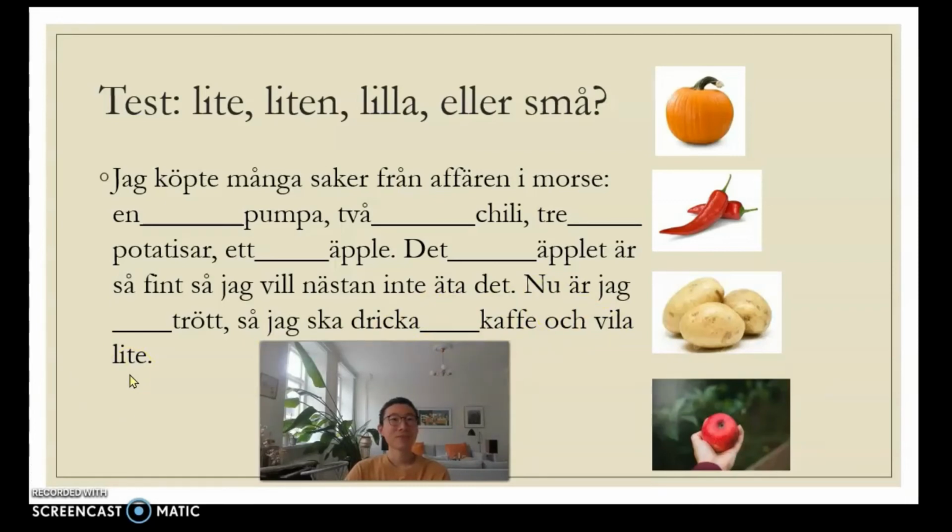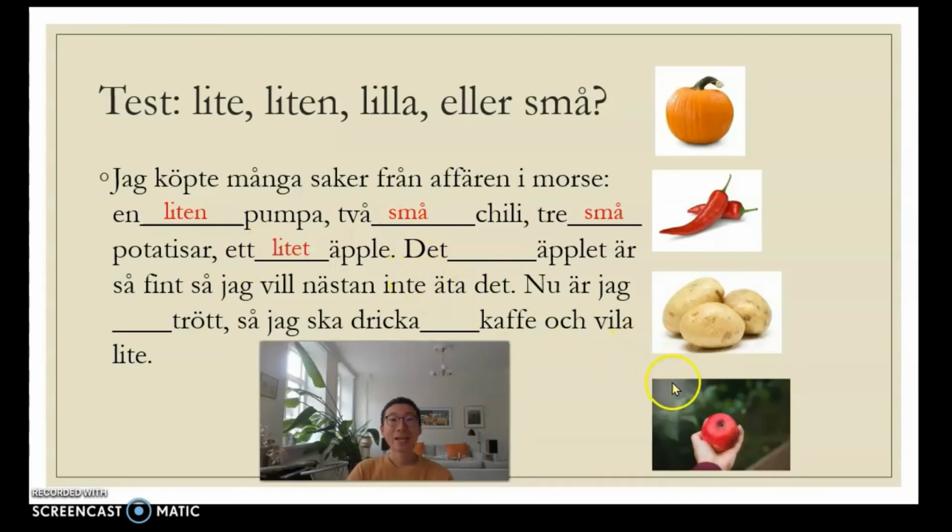Okej. Nu ska vi titta på facit. Now let's look at the keys. Jag köpte många saker från affären i morse. En liten pumpa, två små chili, tre små potatisar, ett litet äpple.